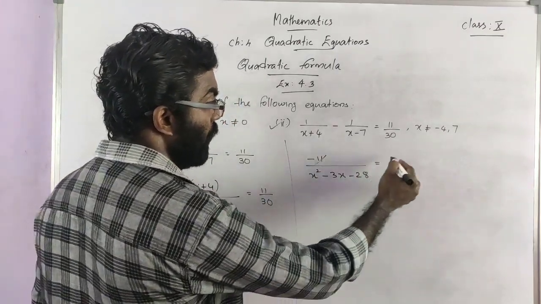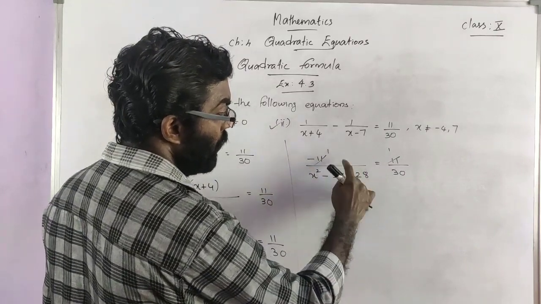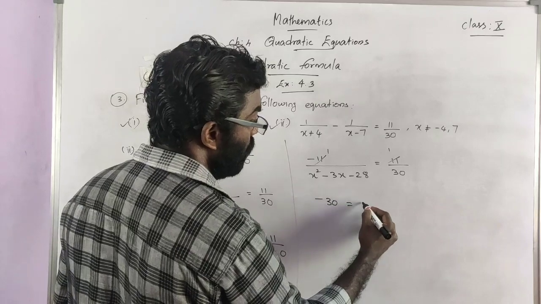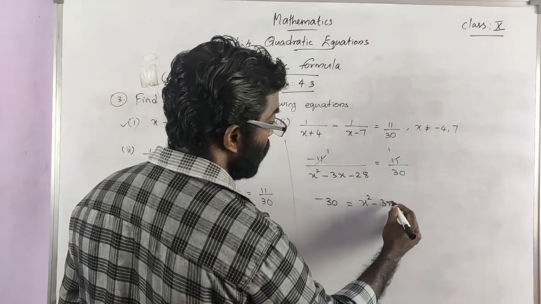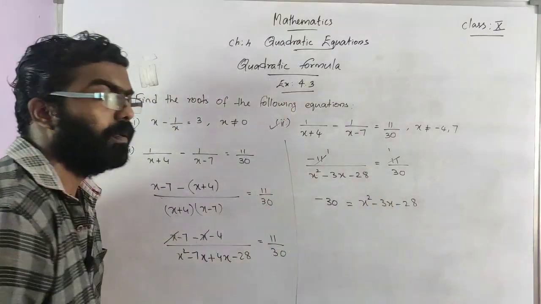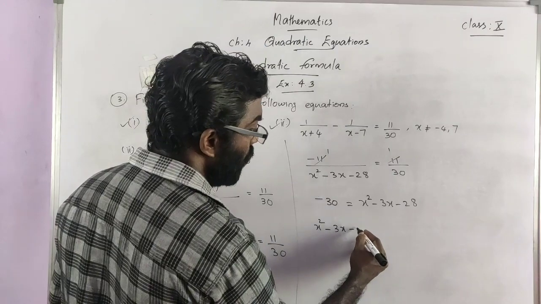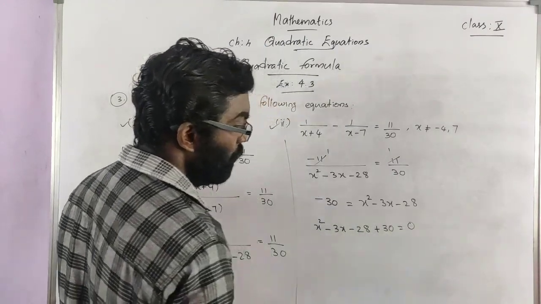This 11 and 11 we can cancel. Here 1, 1. And we can cross multiply this 30 and this denominator. So minus 30 is equal to, this whole term goes to the right side, x square minus 3x minus 28. On rearranging we get x square minus 3x minus 28 plus 30 is equal to 0.